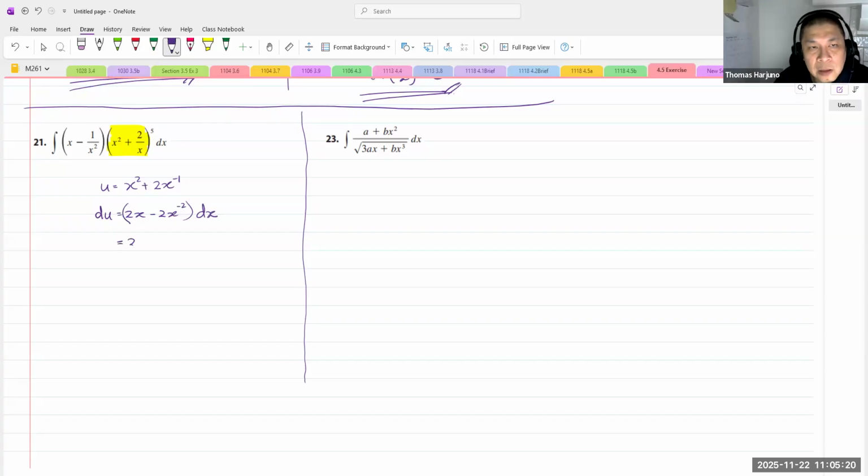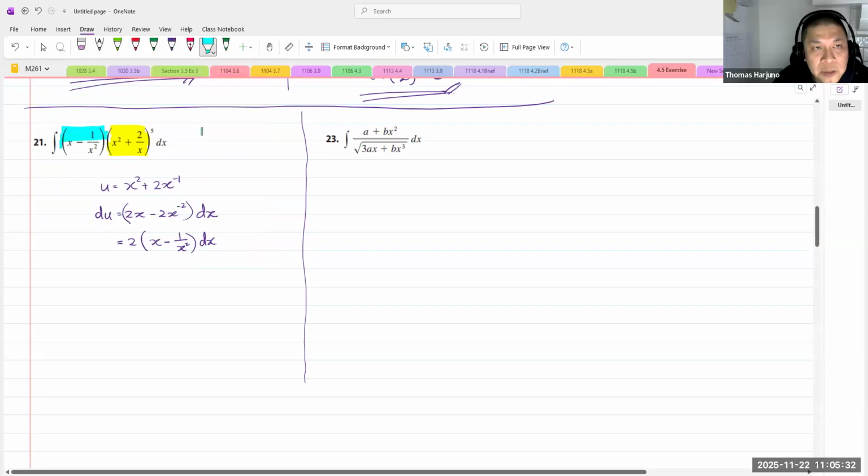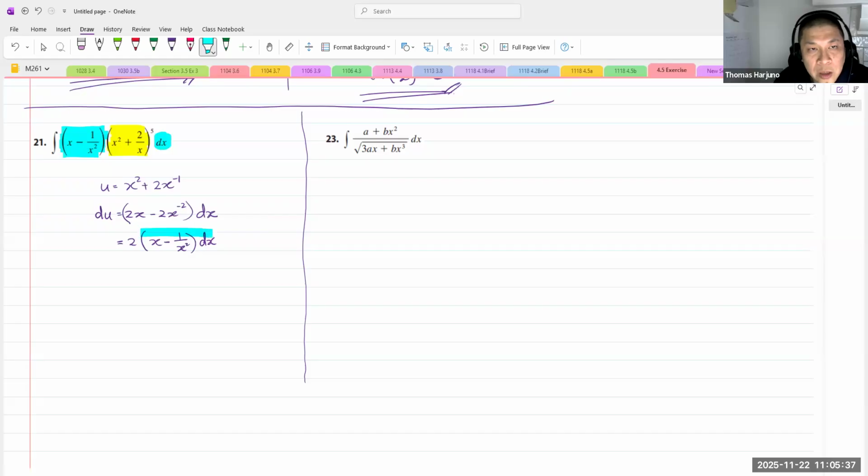Notice that if I factor the 2, I get x minus 1 over x squared dx, which is the factor of dx we need to tag with to make the substitution completed. In other words, I will use du over 2 for that x minus 1 over x squared dx.